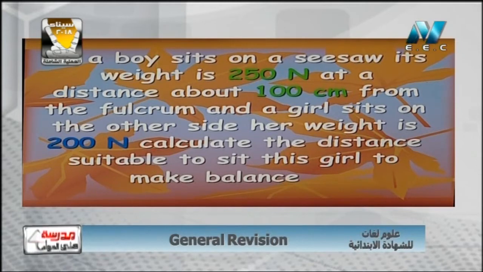And a girl sits on the other side, واحدة بنت قاعدة على السايد الثاني. Her weight is 200 newtons. Calculate the suitable distance to seat this girl to make balance.